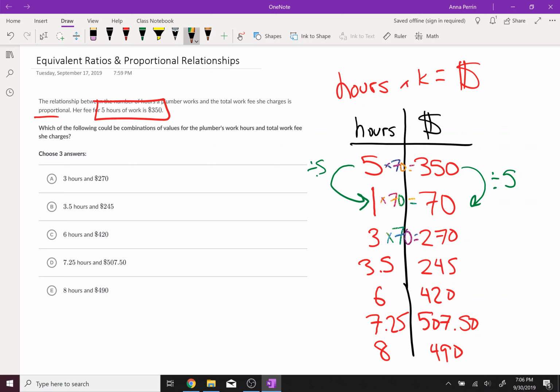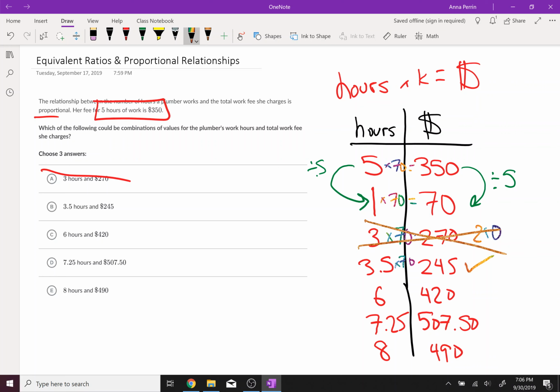Now, when I do 3 times 70, I get 210. So because it didn't give me the value that it told me I should expect, I know that that is not equivalent. 3 hours and $210 would be. So I'm going to try that with my next row as well. 3.5 times 70 gives me 245.